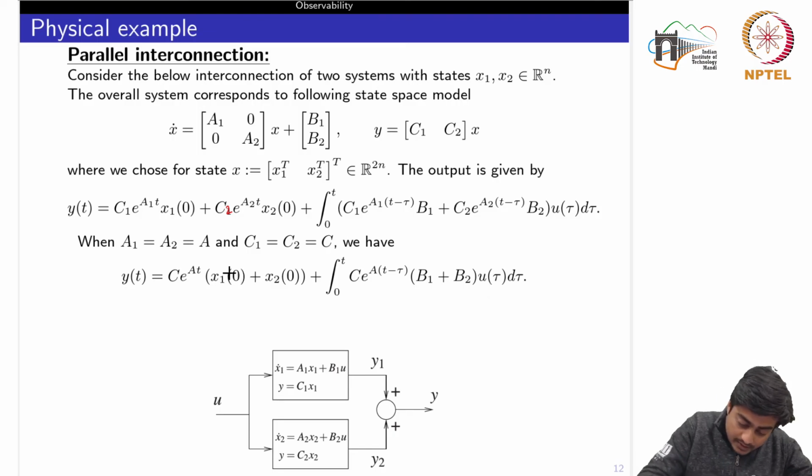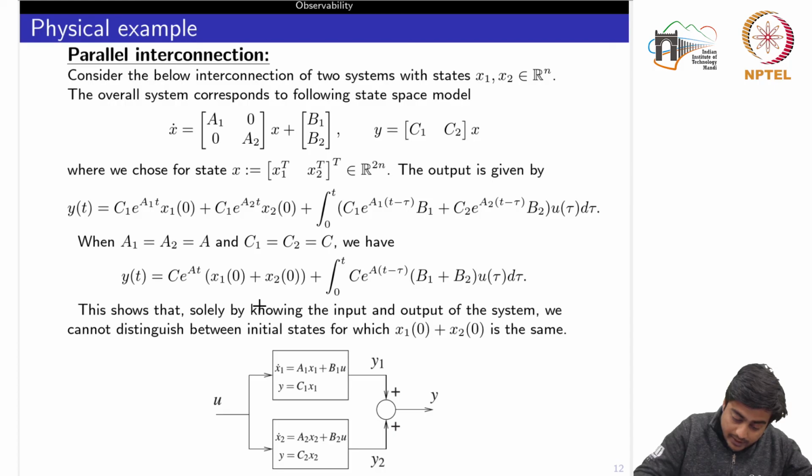And you would notice that by knowing only the input and output, we cannot distinguish between the initial states for which x1 of 0 plus x2 of 0 is the same, right?